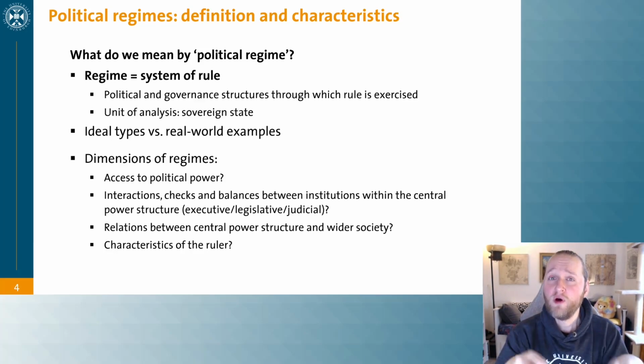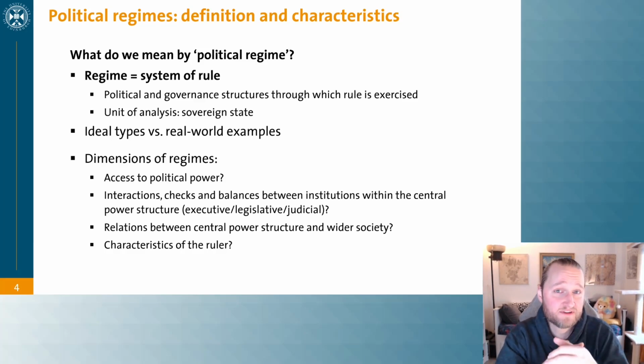Now, what are some of the dimensions of regimes that vary? How can we distinguish systems of rule from each other? How do we distinguish between how different states' political systems are set up? So the first question we could ask is, who has access to political power and how is access to political power restricted?